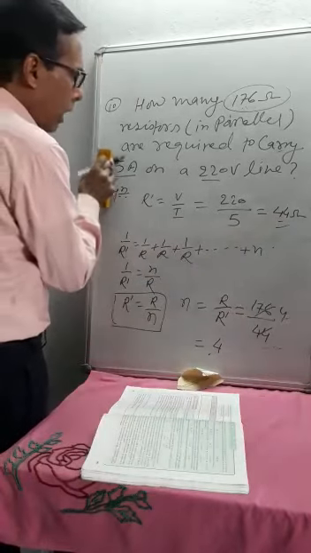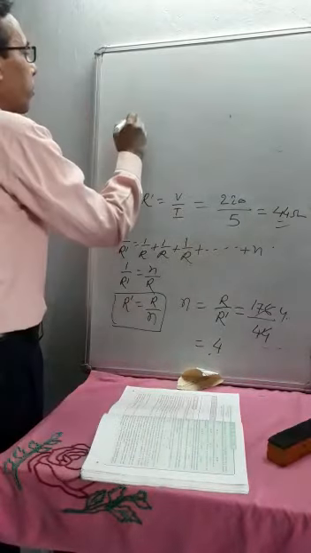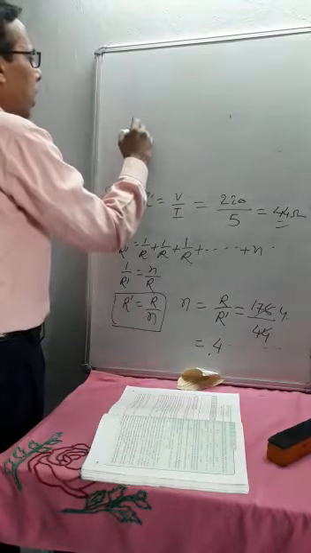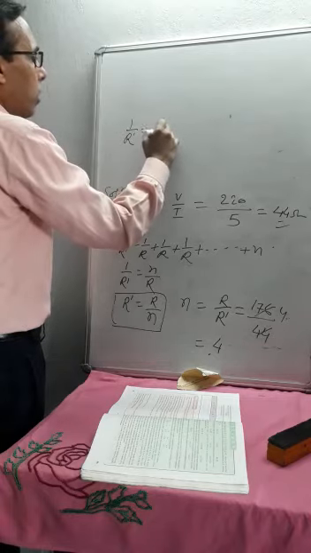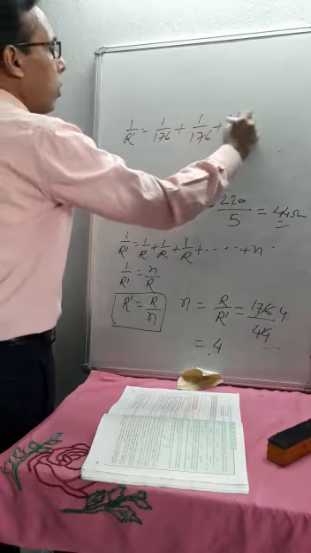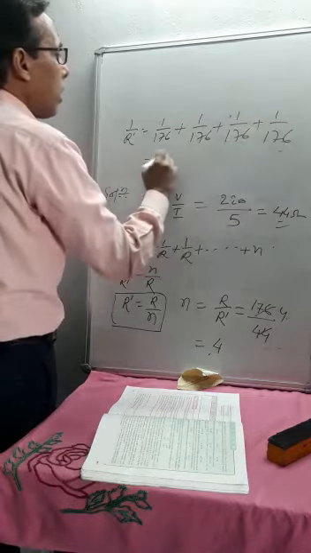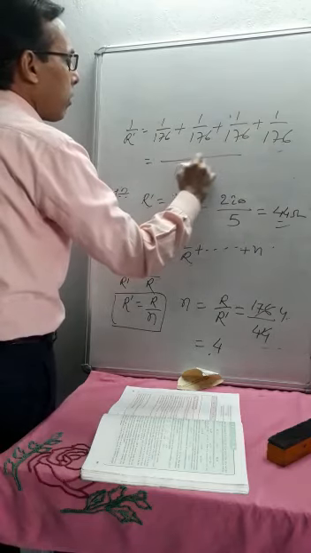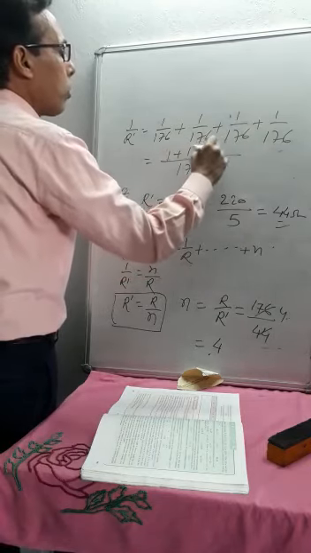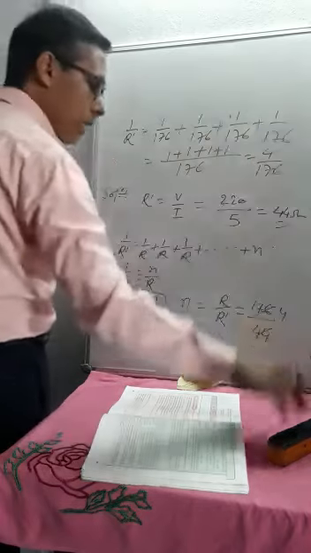We can also calculate here: 1 by R dash is equal to 1 by 176 plus 1 by 176 plus 1 by 176 plus 1 by 176. Taking LCM 176, 1 plus 1 plus 1 plus 1, that is 4 by 176.